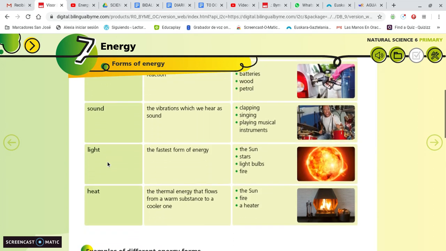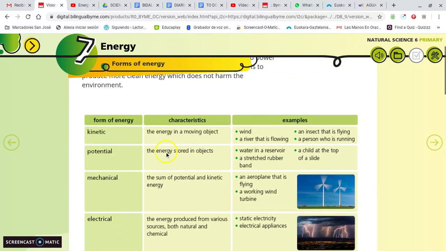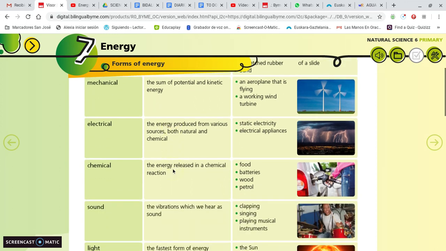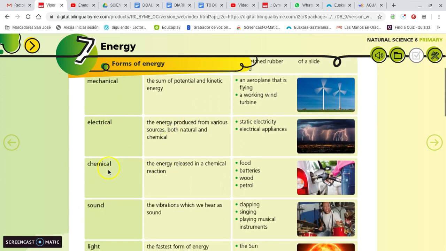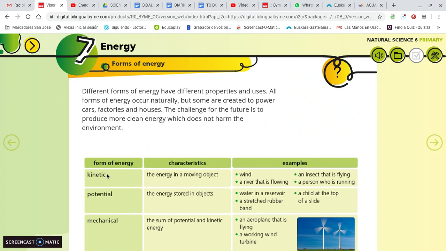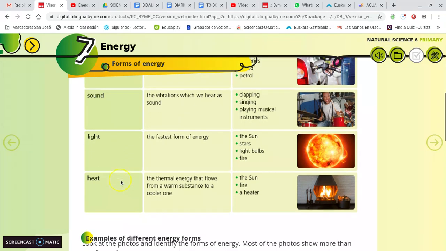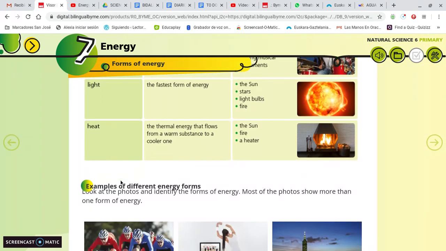Have a look at them. Review the video. Review the definitions, the characteristics of the different forms of energy, right? And remember that we cannot create and we cannot destroy energy. It only changes, it only moves from object to object, but the energy is in the universe all around us, and we cannot make any more energy.